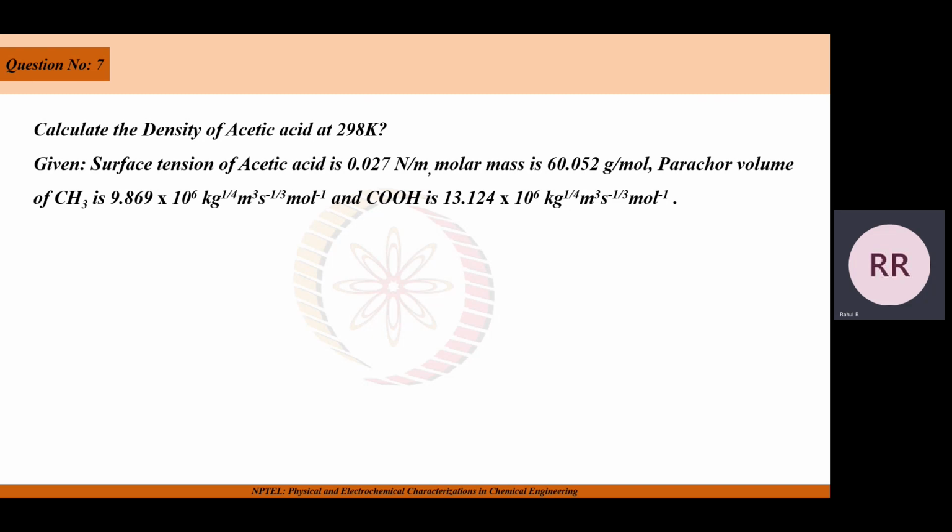We can use the same formula to calculate the answer. Just try to calculate the answer. I will tell you the answer within a few seconds. Try to do it yourself, and if you have any doubt, just ask me.